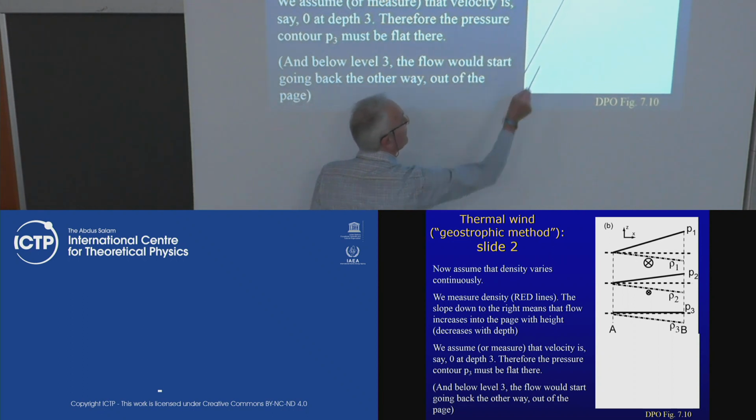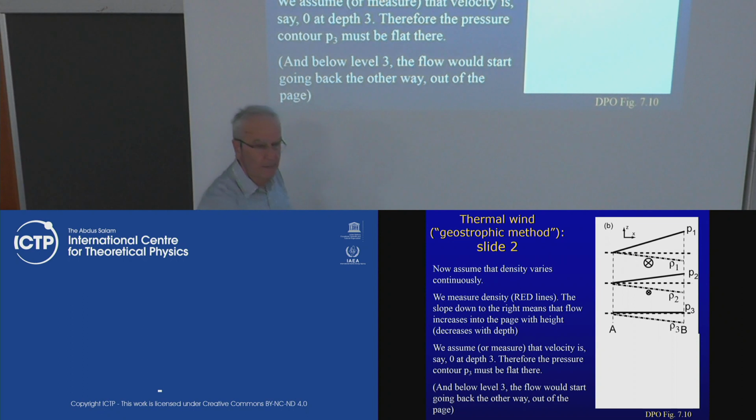This is exactly where we arrived in the previous graph, where the weight of the water column above a certain depth becomes equal, and in that case, the flow will start going back the other way, out of the page.